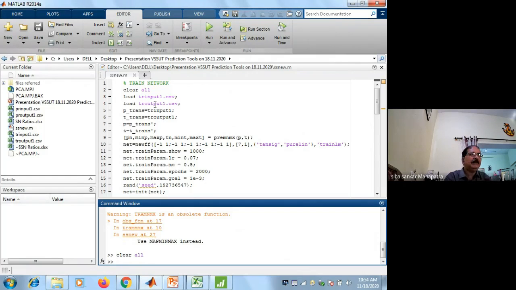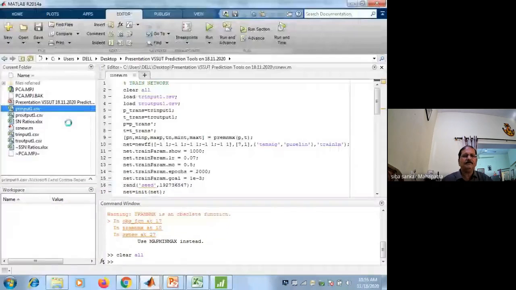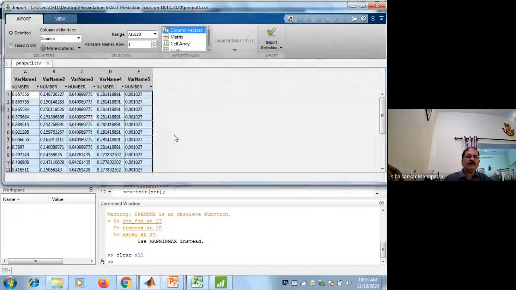We have inputs and outputs. We have divided the data into training data and testing data. This TR input 1 is a file for training input data. All the files have been saved as CSV files.